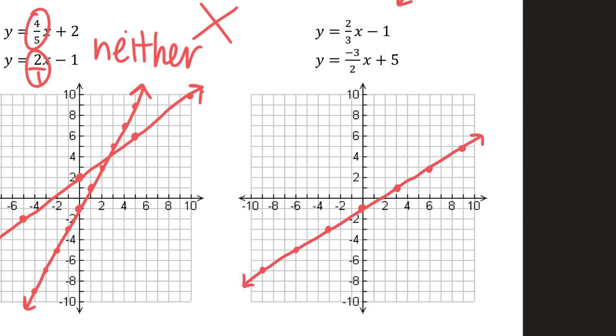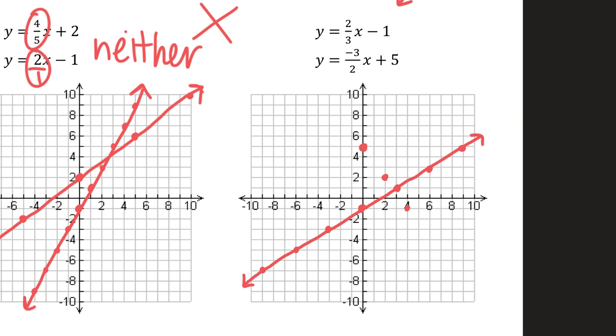All right, my next equation is negative 3 over 2x plus 5. So since it's plus 5, I'm going to begin at positive 5. And my slope is negative 3 over 2. So I'm going to go down 3, right 2.